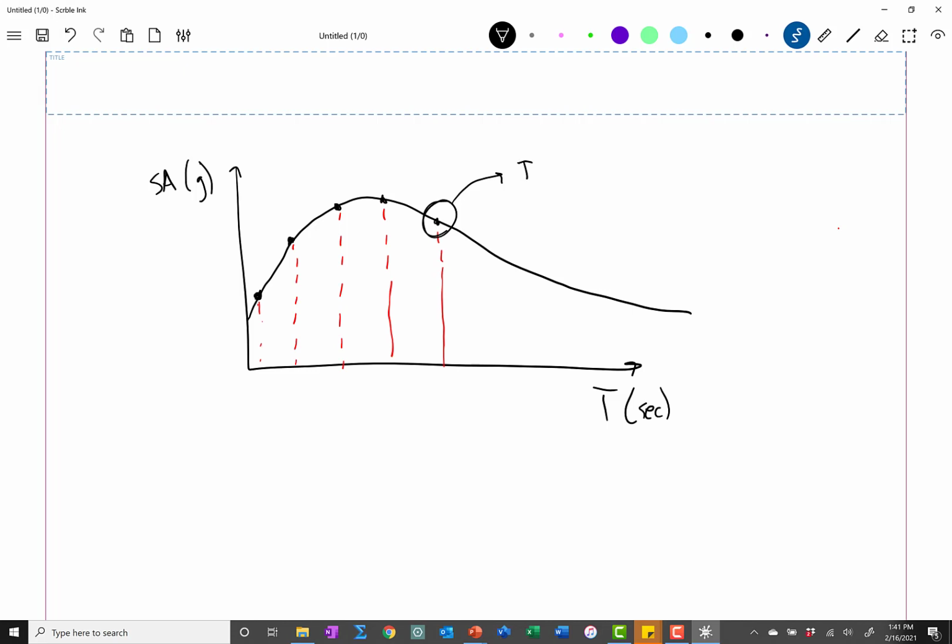So in this one, the return period of spectral acceleration 5 is, I don't know, for this one we could say, whoops, I'm sorry, that's the mean annual rate of exceedance.